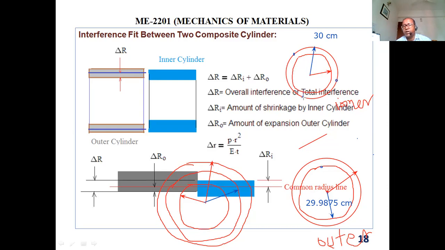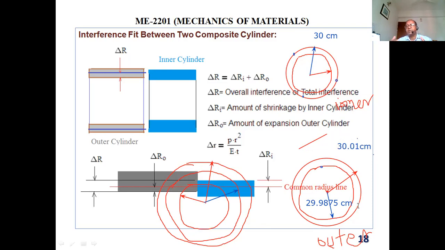The other option you have is to heat up the outer cylinder, then the metal will expand. That means this diameter will go a little bit bigger. After heating up, you might have a diameter of 30.01 centimeter.